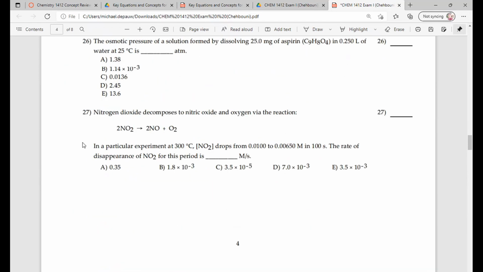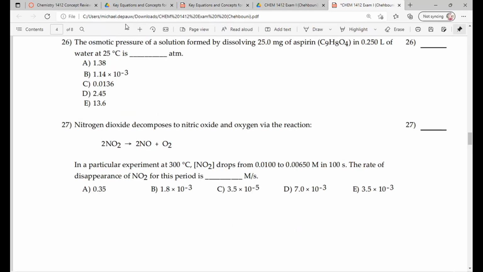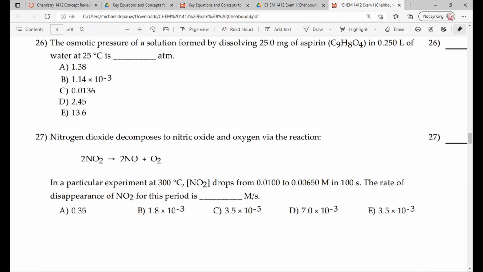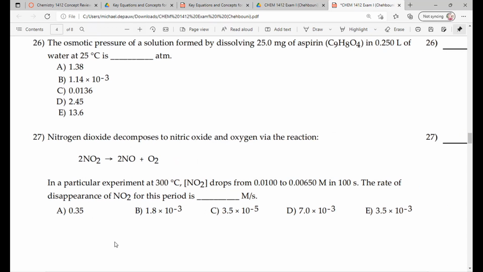You didn't miss much. Nitrogen dioxide decomposes to nitric oxide and oxygen via the reaction 2NO2 goes to form 2NO and O2. In a particular experiment, nitrogen dioxide drops from 0.01 to 0.065 in 100 seconds. The rate of disappearance for this is blank.